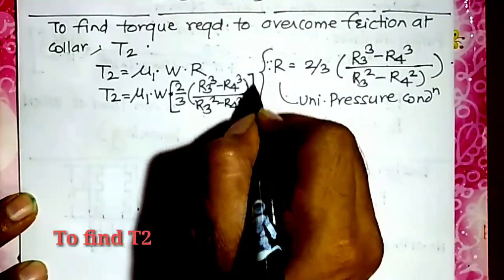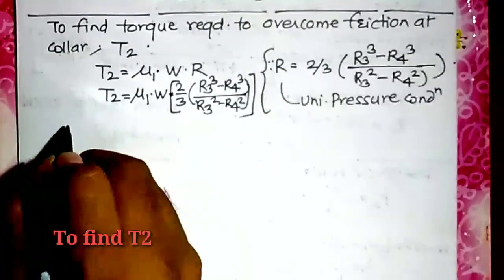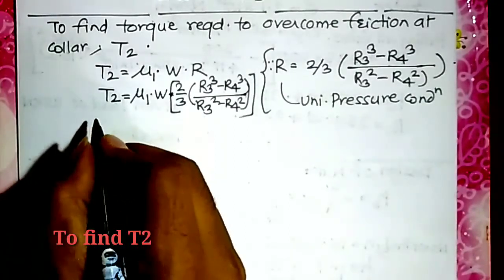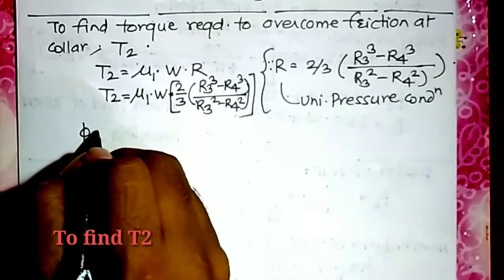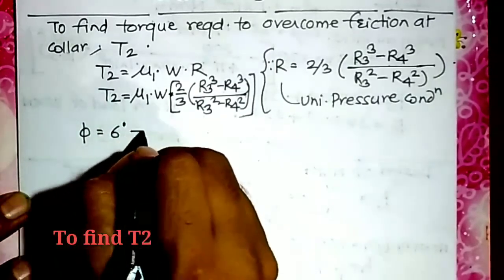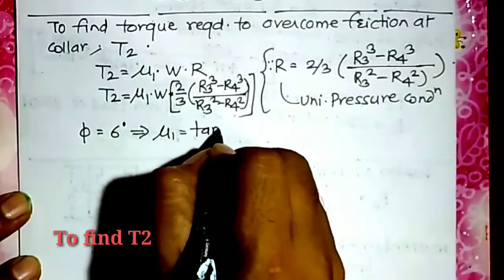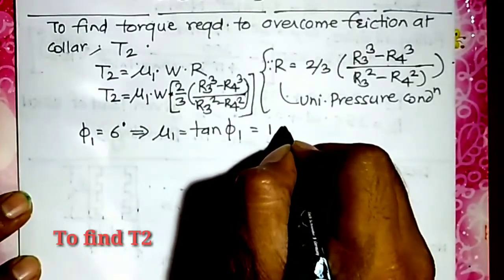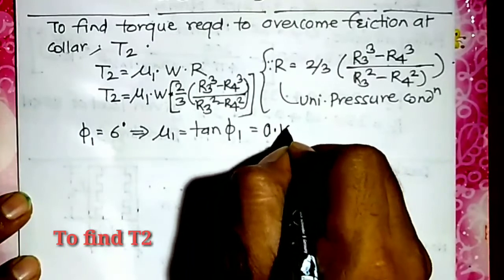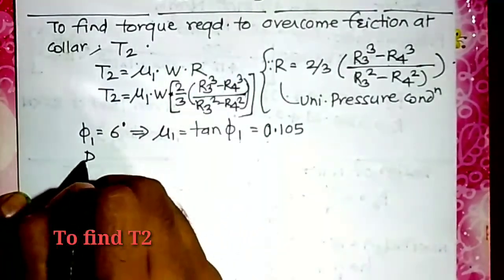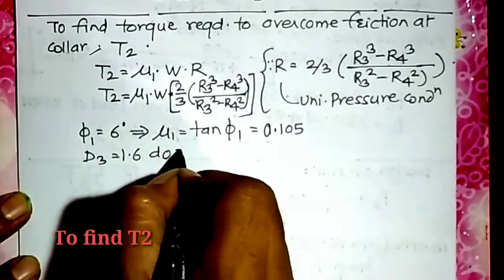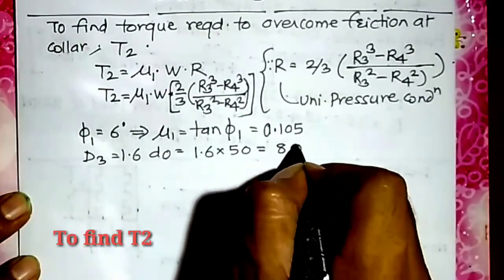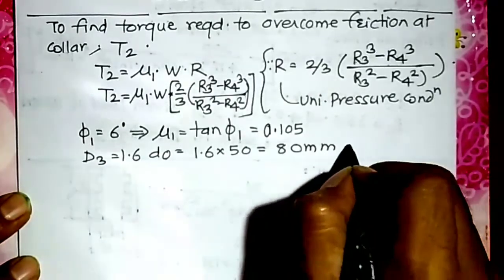So for uniform pressure condition, R is 2/3 of R3 cube minus R4 cube divided by R3 square minus R4 square. Here we have considered R3 and R4 because R1 and R2 are already considered for nut. For collar it is R3 and R4. So considering uniform pressure condition, it is mu1 WR, where R is 2/3 of R3 cube minus R4 cube divided by R3 square minus R4 square.